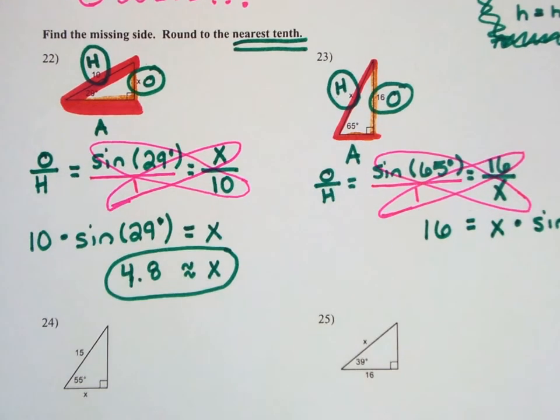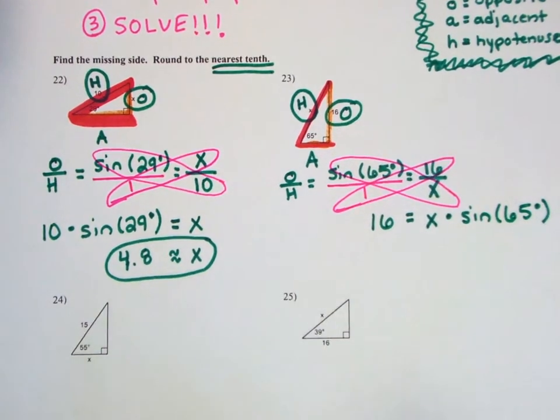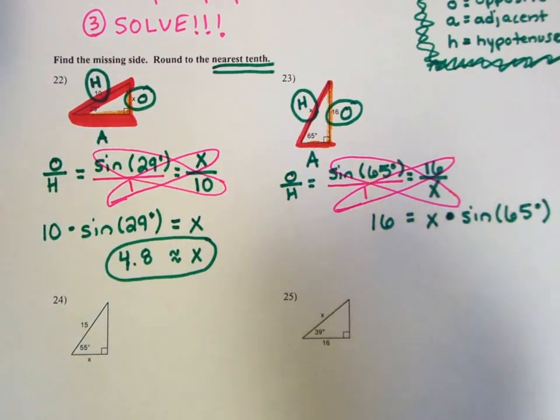Do I have x by itself currently? No. What's happening to x right now? It's being multiplied by what? The sine of 65 degrees. So that means I need to do the opposite. I need to undo that. What undoes multiplication? Division.